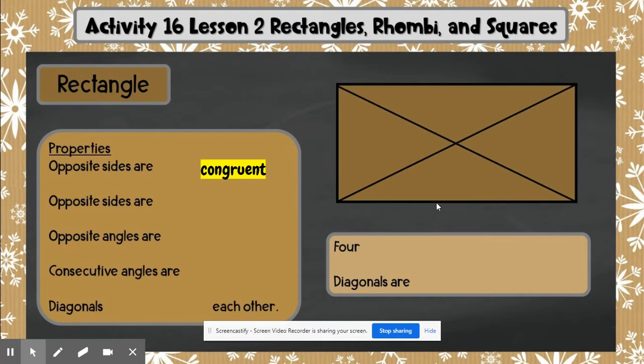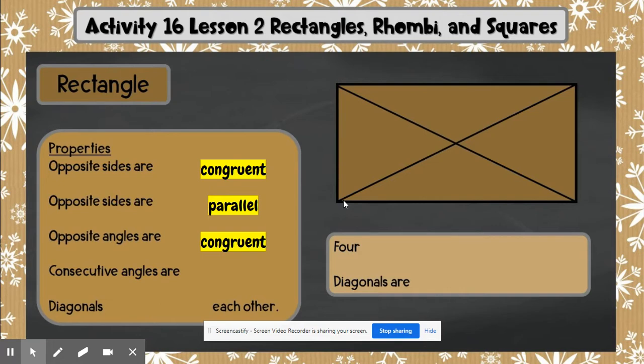Opposite sides are parallel. So they have to be, the opposite sides can never intersect. Opposite angles, and they're usually connected by these diagonals. Opposite angles are congruent.